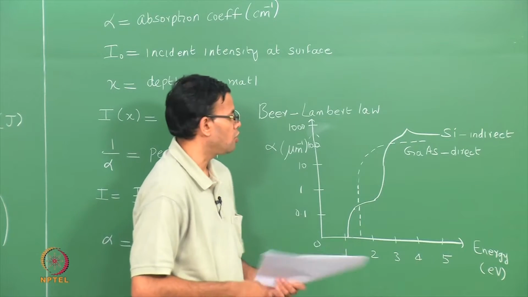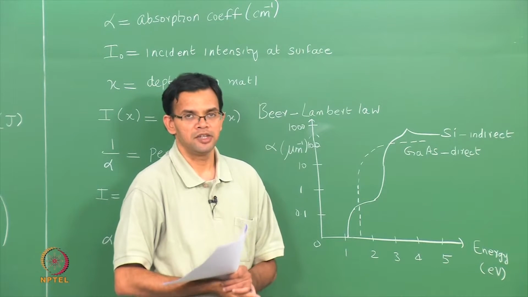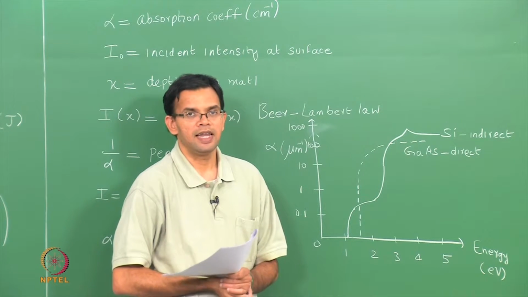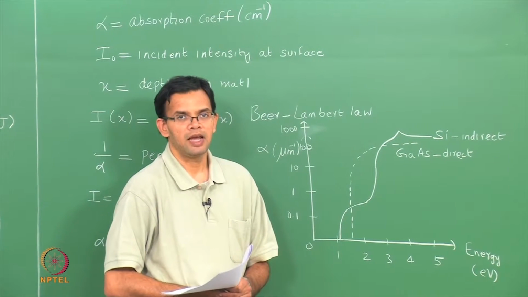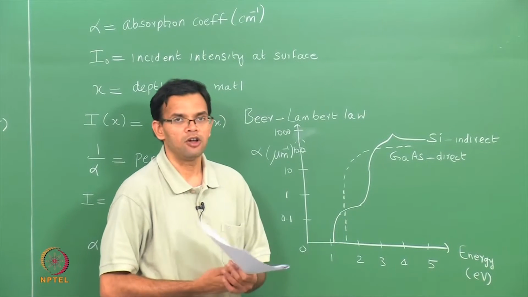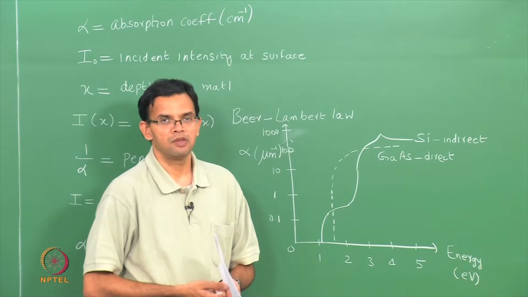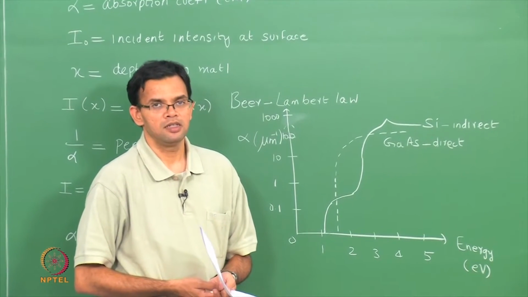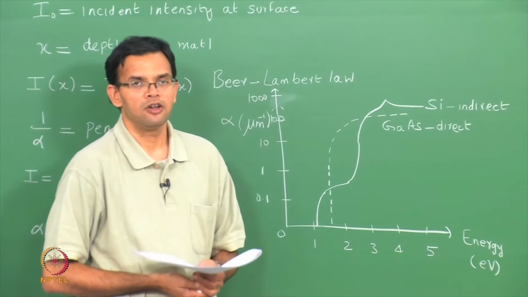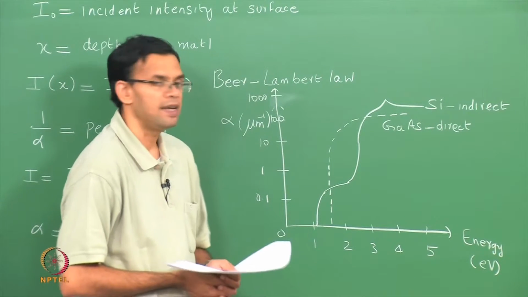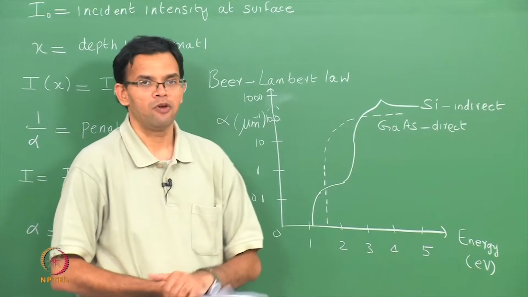So far we have talked about absorption, but once your electron and hole pairs are generated, these are dynamic, so they tend to recombine. In the case of a direct band gap semiconductor, when the electron and hole recombine, the dominant mechanism by which energy is released is in the form of photons or light, so that once the electron and hole recombines, you get light whose wavelength depends upon the band gap of the material.